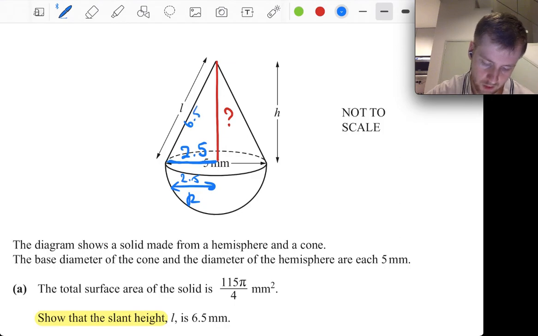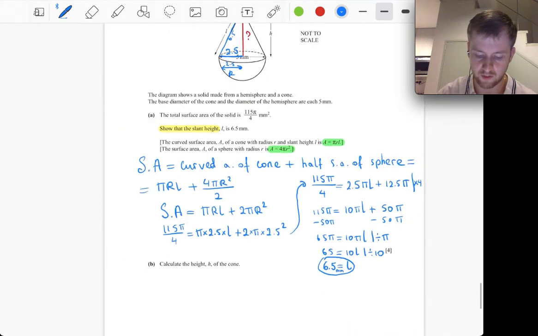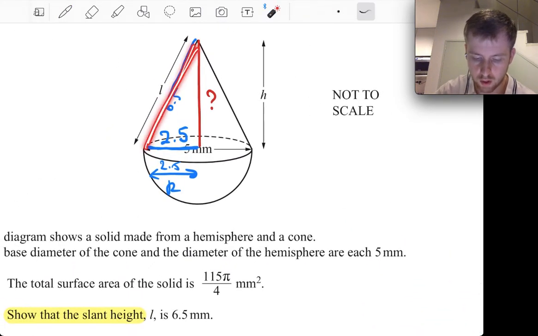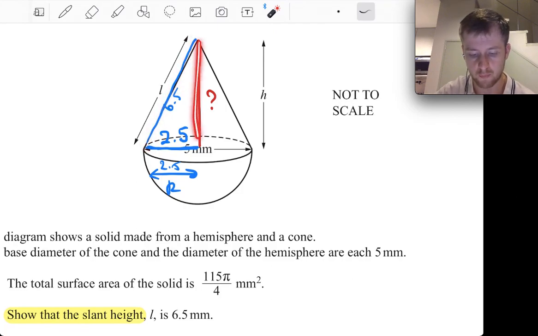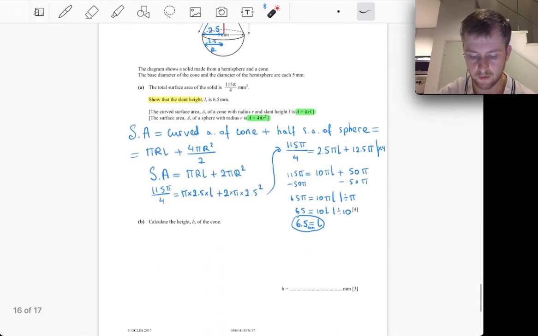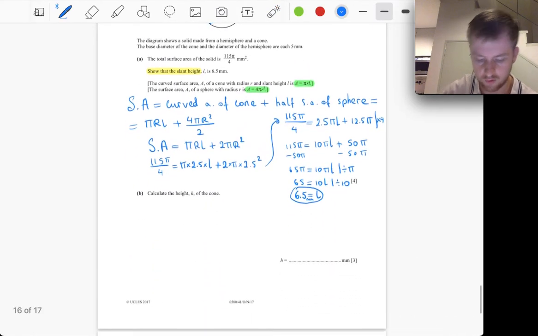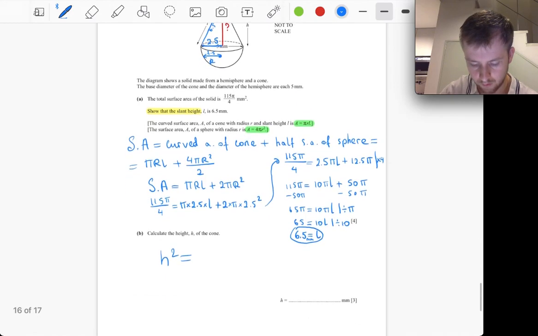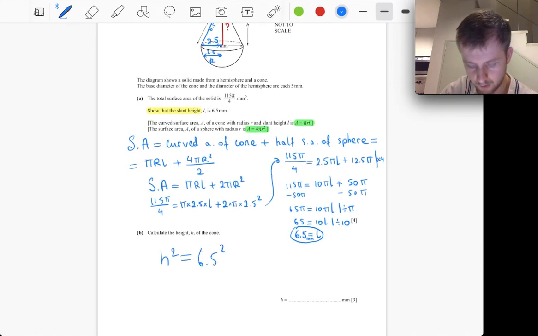Now you can see it's quite easy to find the missing side. So remember, if you're looking for hypotenuse, you do sum of the squares. If you are looking for something which is not hypotenuse, we need a difference of the squares. All right, so we can say that height squared equals 6.5 squared minus 2.5 squared.